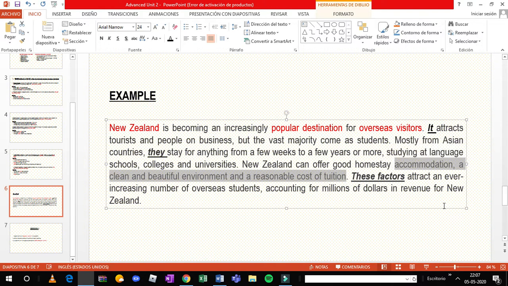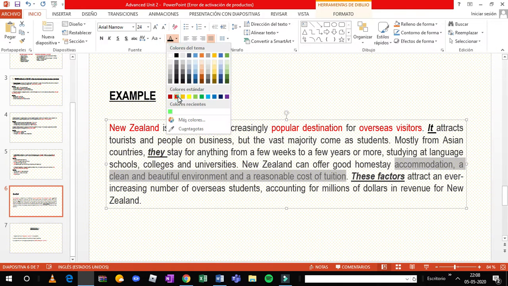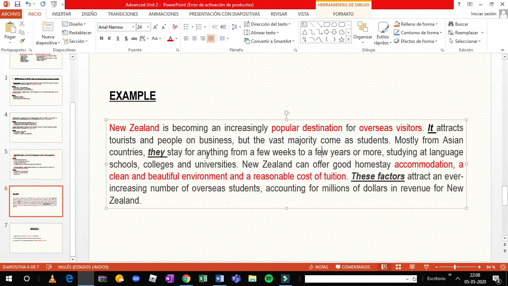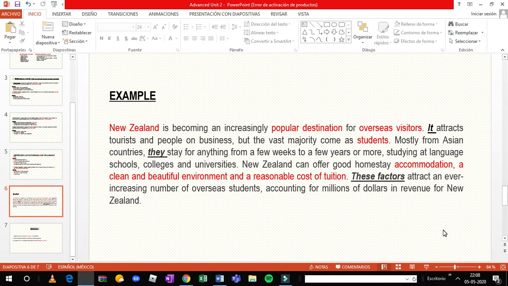In this case, accommodation, a clean and beautiful environment, and a reasonable cost of tuition. In the previous one, we mentioned students here. Okay? So you have to be very clear at the moment of identifying these reference words, and be very careful with the previously mentioned information. That is important.